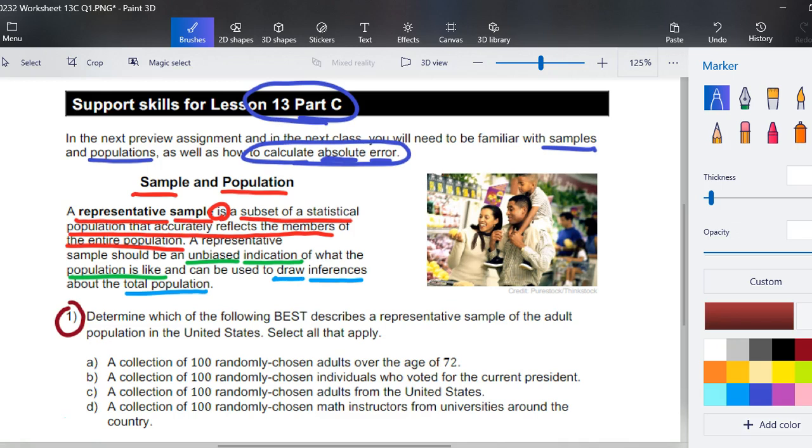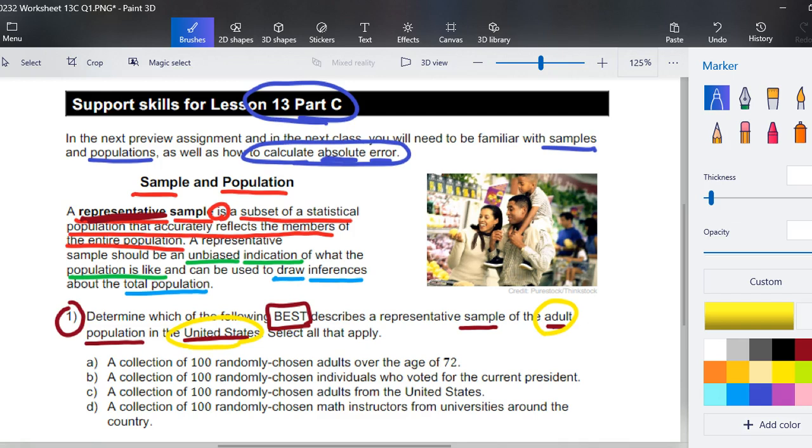So question 1 is asking us to determine which of the following best, and boy, that's a huge word, because representative is going to need to be the best sample of the adult population in the United States. So let's hone in on just a few words. It's the adult population in the United States.